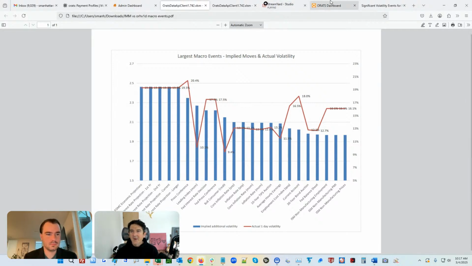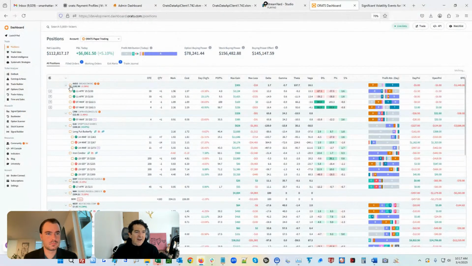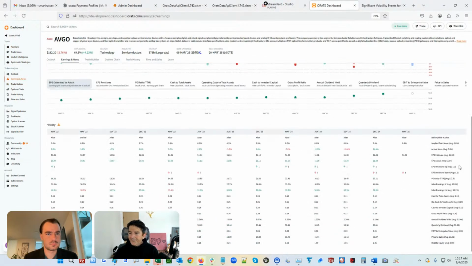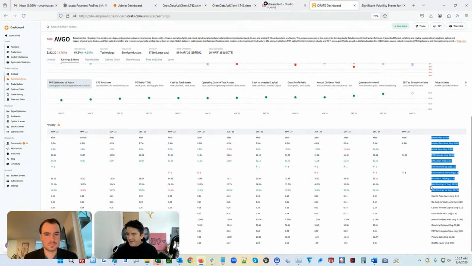For example, we'll go back to Avgo in the earnings. So one neat thing is that we look at inner earnings HV and IV. So inner earnings, the implied volatility between earnings dates somewhere in the 33s, and the historical volatility somewhere in the 38s.